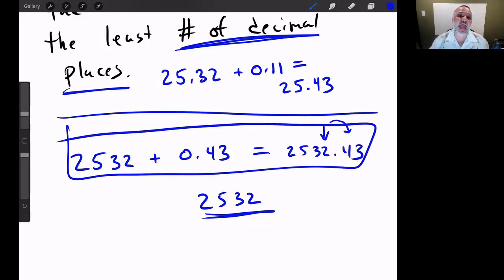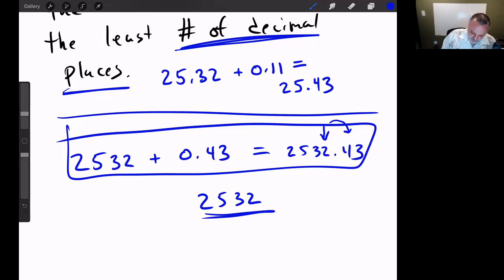And when I add measurements or do calculations with measurements, I don't want to add artificial levels of precision. When I report my final answer, I use these rules in order to avoid that. And so if I did a calculation like this, the answer turns out it's just the same as the 2532 because of how I applied the rule.